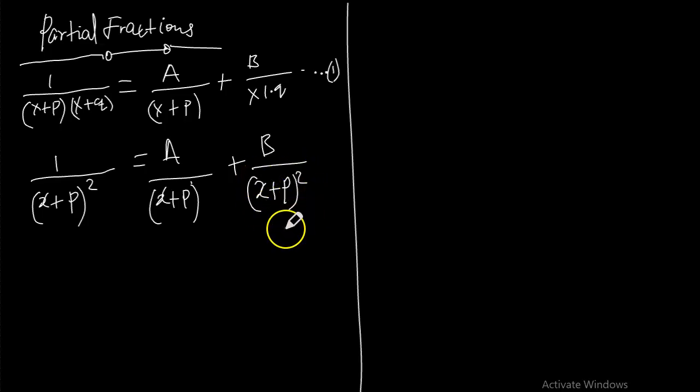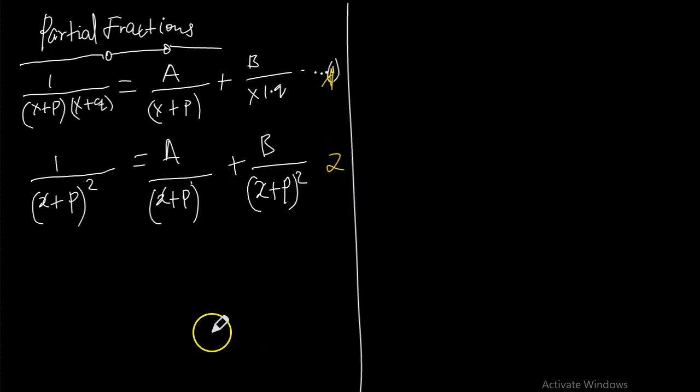You have to pay attention to what is happening here. So it is a over x plus p plus b over x plus p squared. This is the second type of our partial fraction.